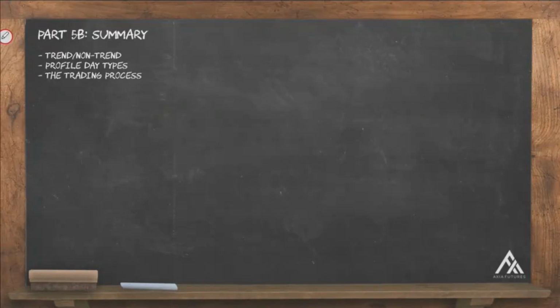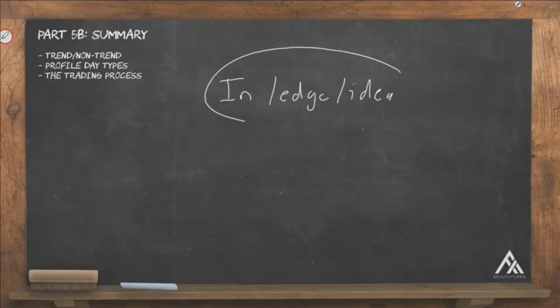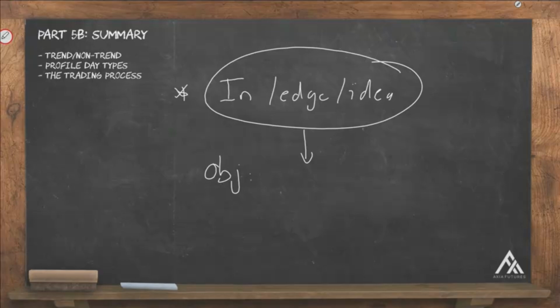And it's very simple. We always start off with that intuitive / edge feeling / idea. In other words, we have an idea in mind, we see something, it makes sense to us, and that gives us the initial sort of urge to respond. But that's not enough to respond, guys. You have to have something objective. And we spoke a lot about objectivity versus subjectivity in Module 1. Now, that objectiveness will come from the volume profile.